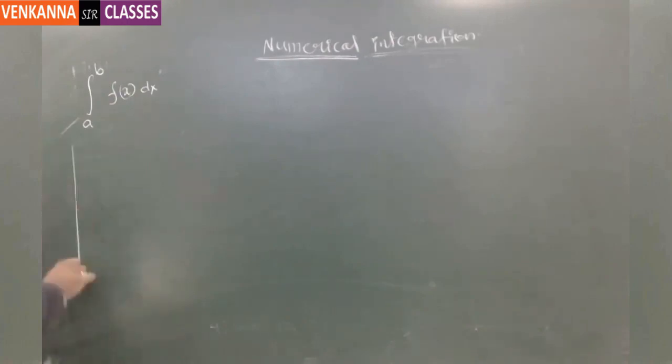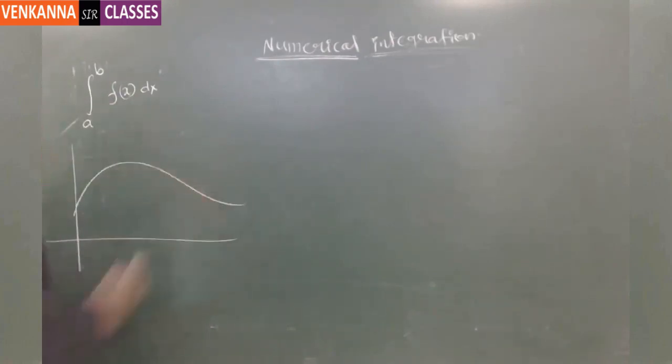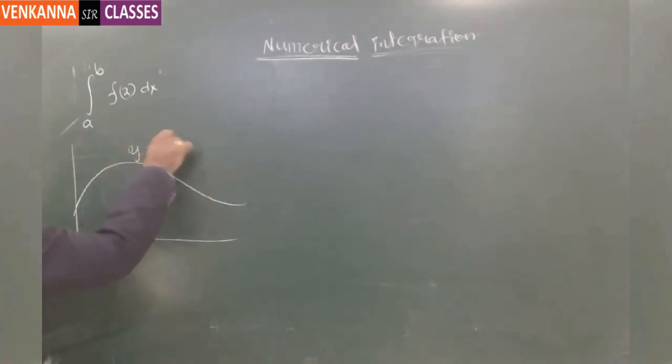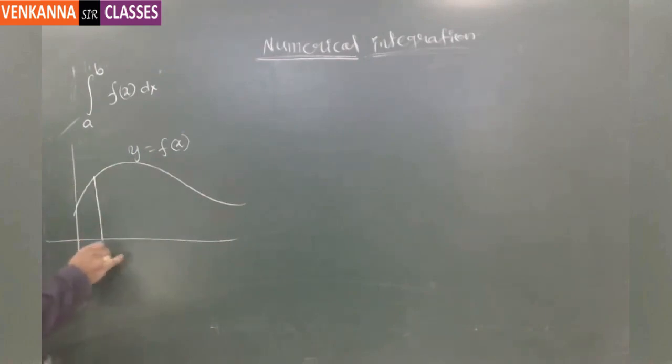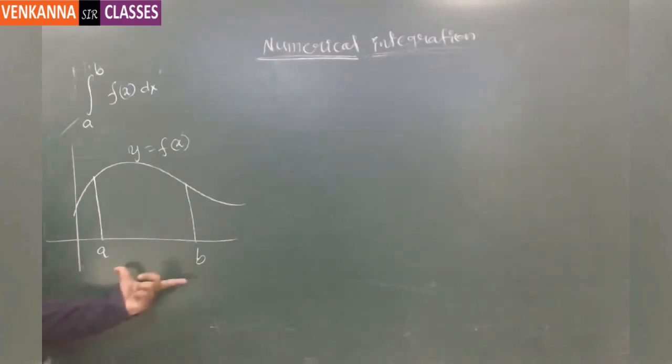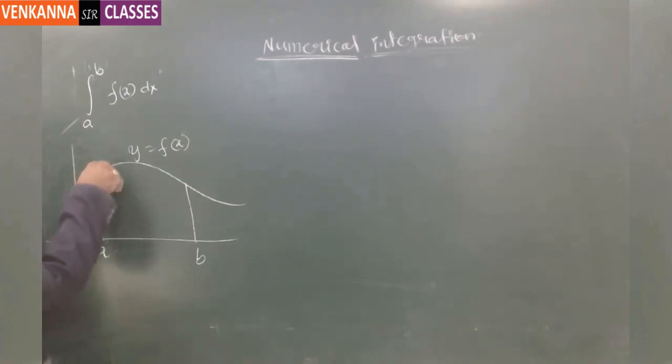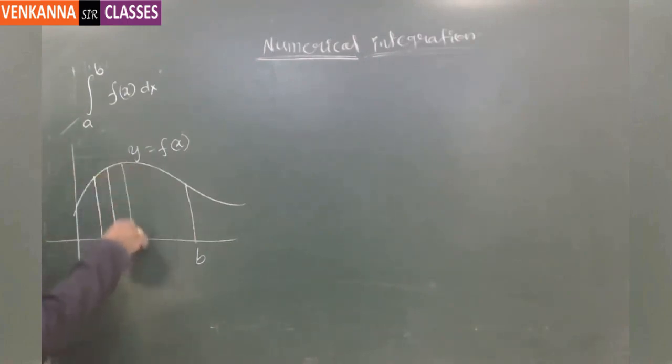Now this can be graphically represented as, let us say, this is the curve y equal to f of x, for which I wanted to find the area between the points a and b. If I have the data points already, then I will directly take these data points of this curve, or else I will divide this curve into a number of equal intervals like this.